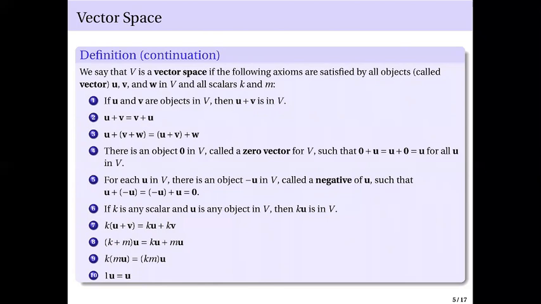Number 9, you have this. You have two scalars K and M, and you have a vector U. On the left-hand side, we multiplied the scalar M to the vector U, and then after getting the object Mu, we multiply this scalar K. Now, it's the same as the following.